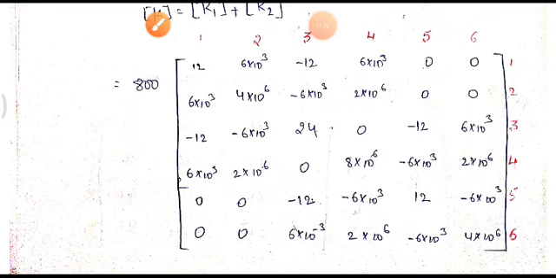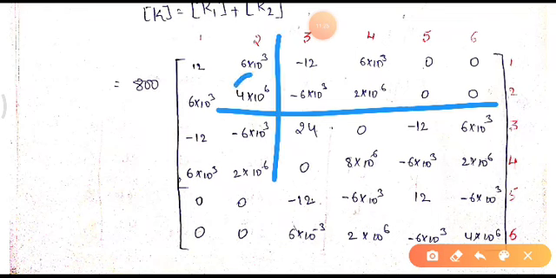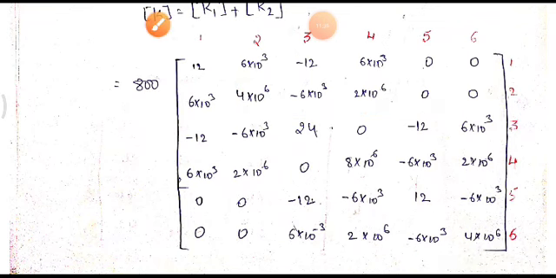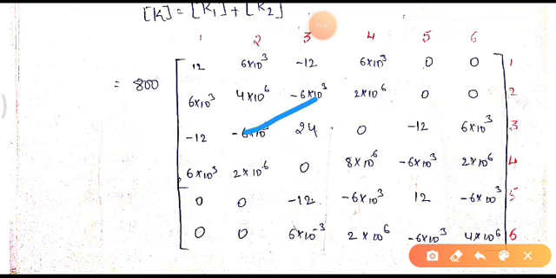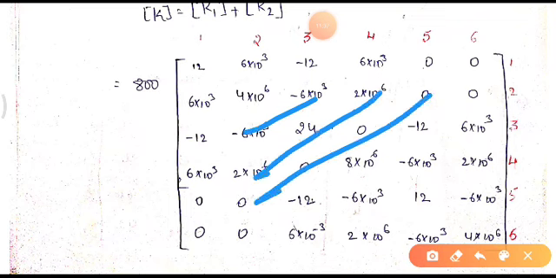Once you determine this, next you go to the second row second column, that is nothing but this one, 4 into 10 raised to 6, and these elements you need to calculate. Once you determine this element, again the same thing you need to write. See, the same elements are copied.